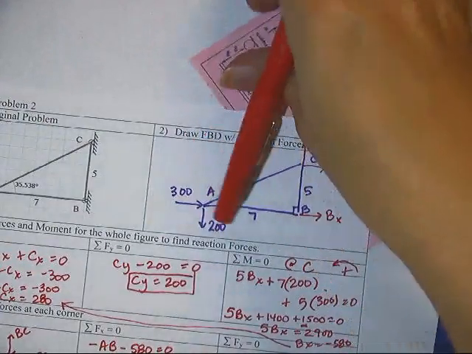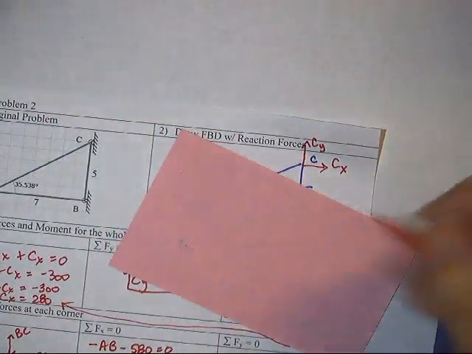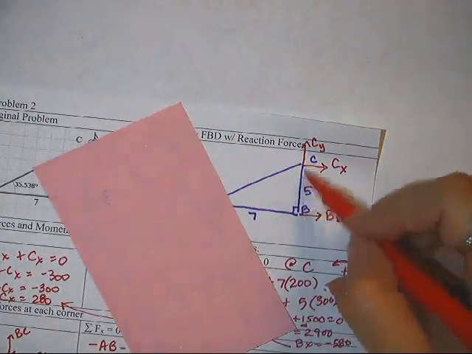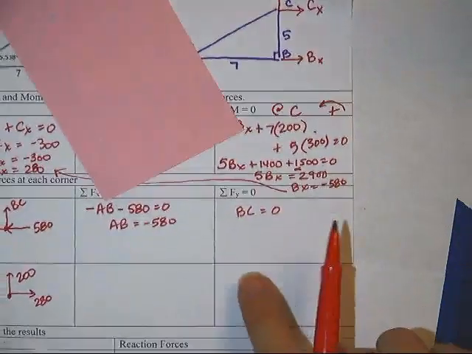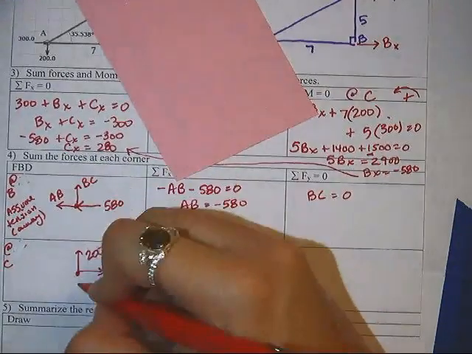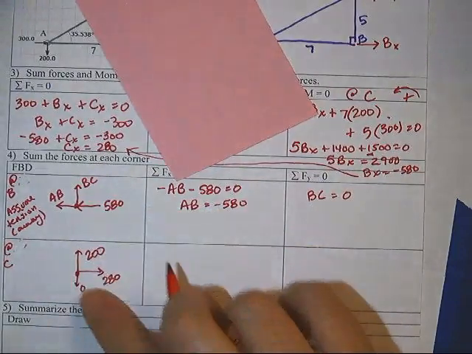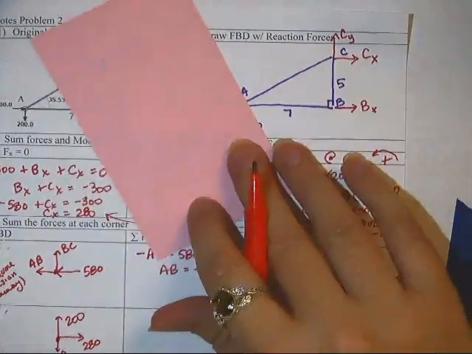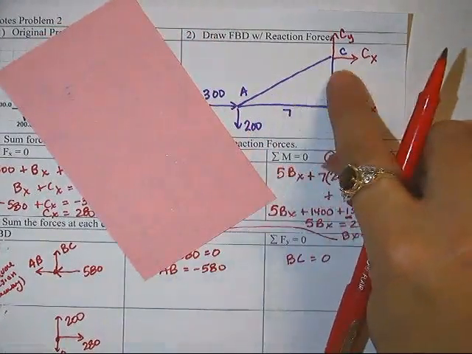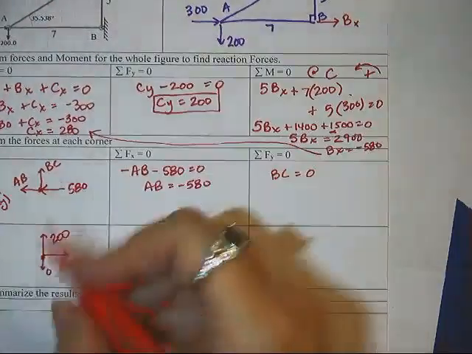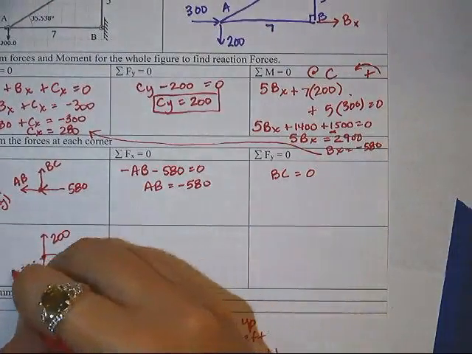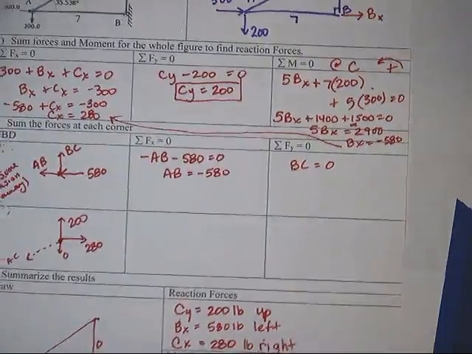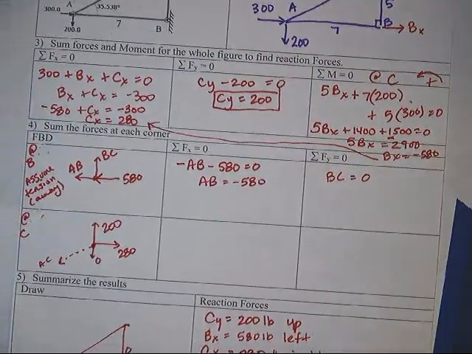What else can C feel? Well, C can also feel this force in BC this way. But we just found that BC is equal to 0, so I'm going to draw it in, but it's 0 anyway, so that one's not going to make a difference. And it can feel this slanty one in AC. So again, I'm going to dot this one in because I'm going to break this one up into its two parts, its x part and its y part.